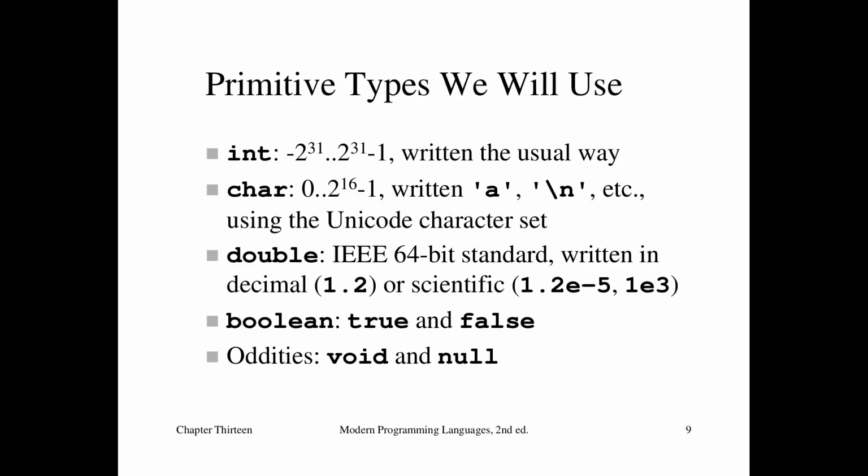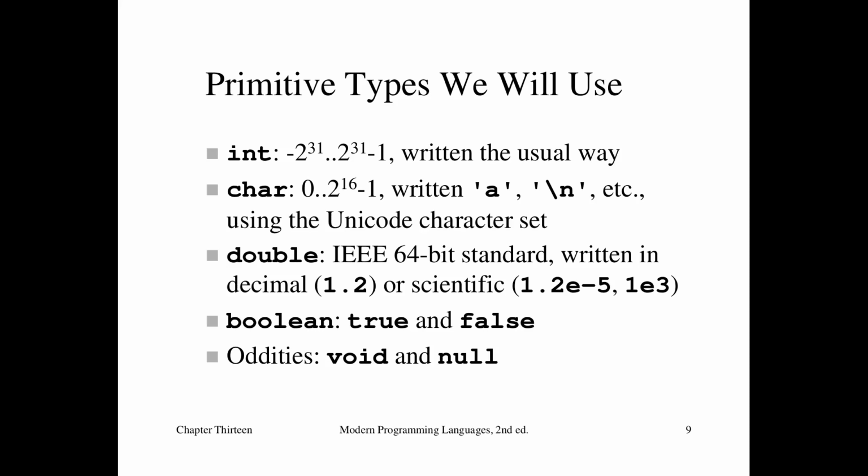And so in Java, we have the capability for what we call primitive types, right? There's only a few of them versus, for example, if we look at C, C++, which has an extreme amount of primitive types. In Java, we have, and these are not all of them, but it's very close, int, which is basically a value between negative 2 to the 31st power to 2 to the 31st power minus 1.